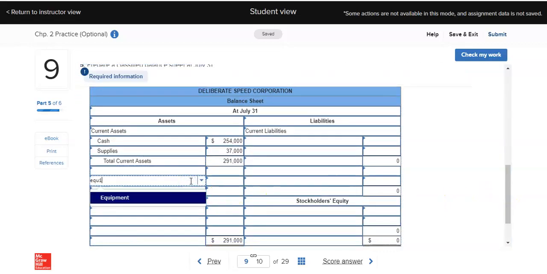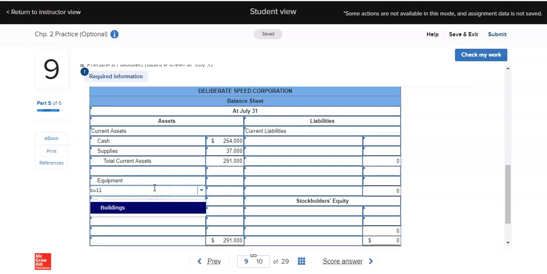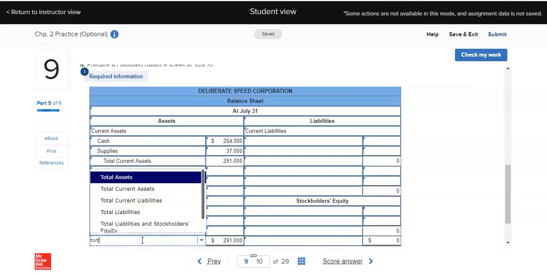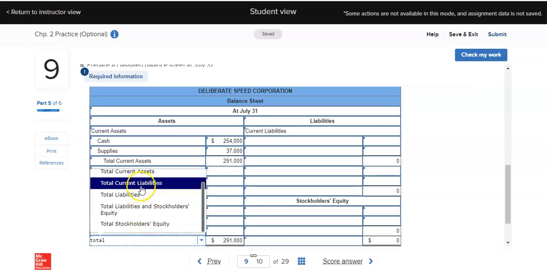Okay, now we'll list our other assets. They'll take more than 1 year to use up: equipment, buildings, and land. And then we'll put our total here for total assets.